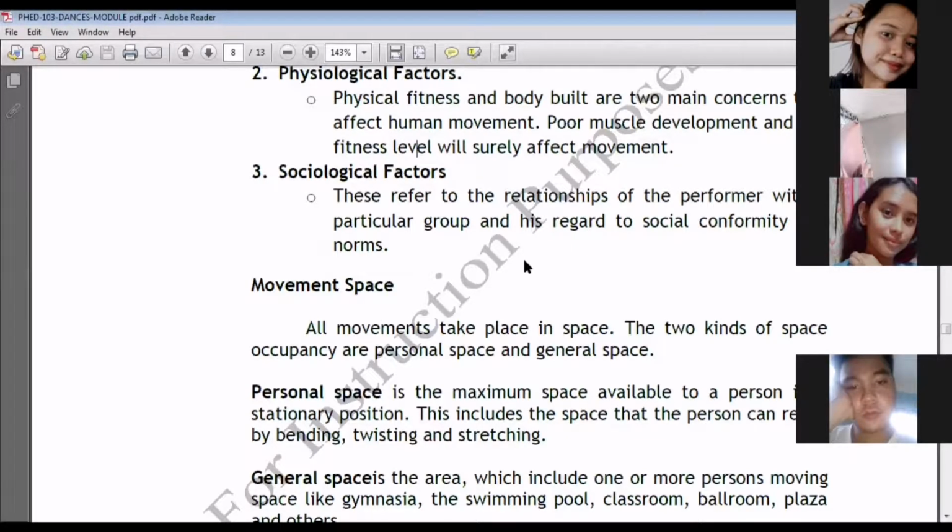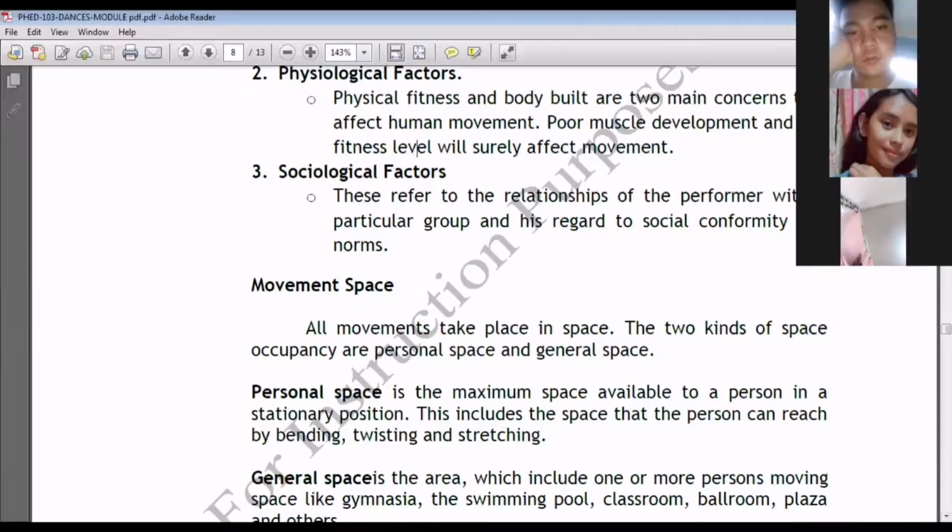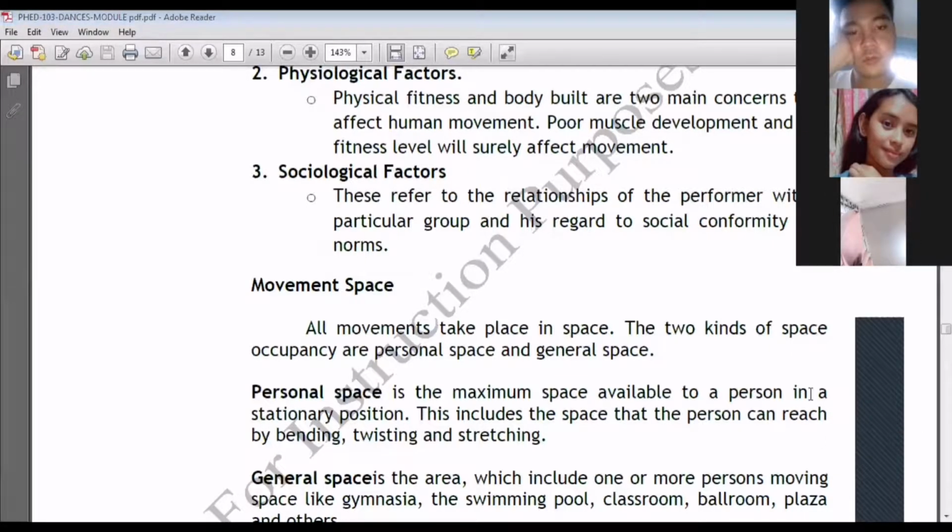Ma'am, for example po is yung pilay or disabled na may polio, tapos pinapa-perform mo siya na tumalon. Siyempre parang imposible pong magagawa niya yun, di ba?